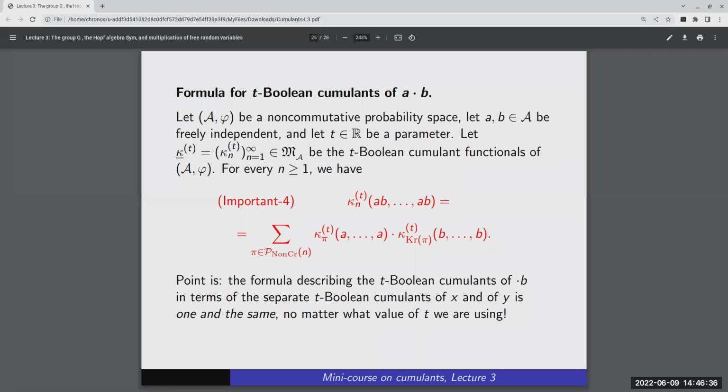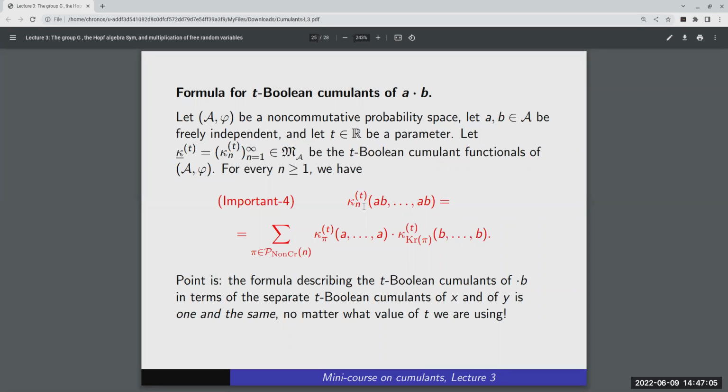But let me point out, since it was all about this important formula, that if you focus, so here they are back to case T, so these are the T-Boolean cumulants. If you want to describe the multiplication of two free elements in terms of Boolean cumulants, surprisingly, it's exactly the same formula that you had for free cumulants as well.